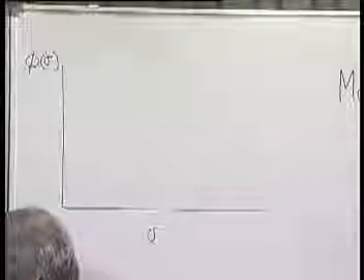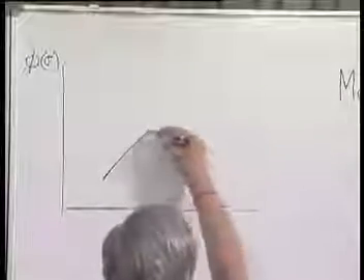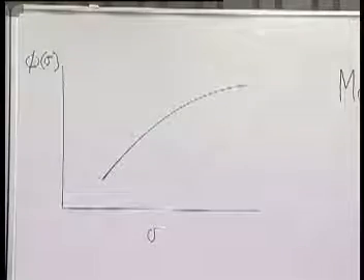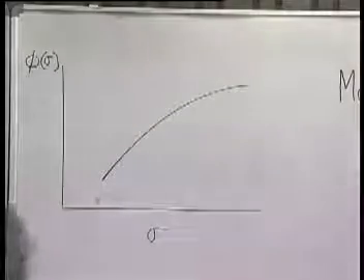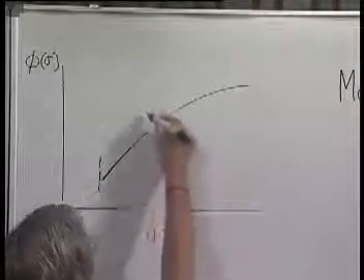The nature of the curve will be generally something like this, so only a small range may be treated as approximately linear.